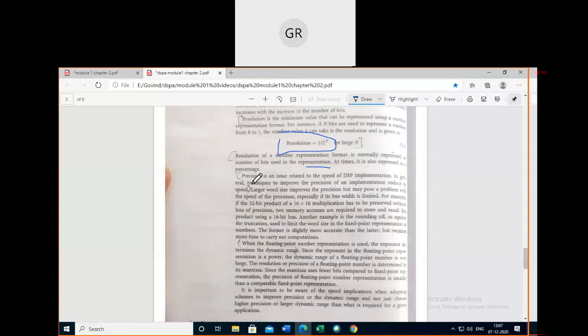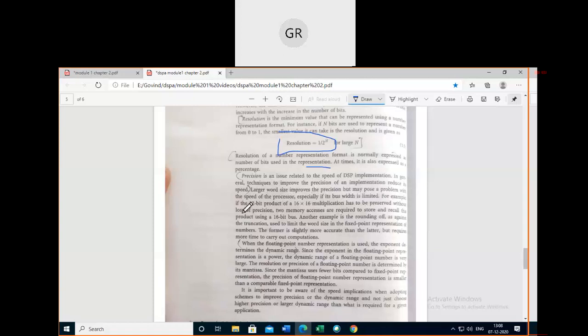Then what about the precision? Precision is an issue related to the speed of DSP implementation. In general, techniques to improve the precision of implementation reduce its speed. A larger word size improves the precision, but may impose a problem with the speed of the processor, especially if its bus width is also limited.